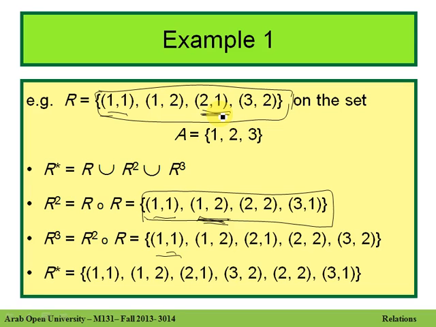AC. You take A and C. It is 1 comma 1, right? So you have 1 comma 1. Then if there is a 2 comma 2, then you have 2 comma 1.